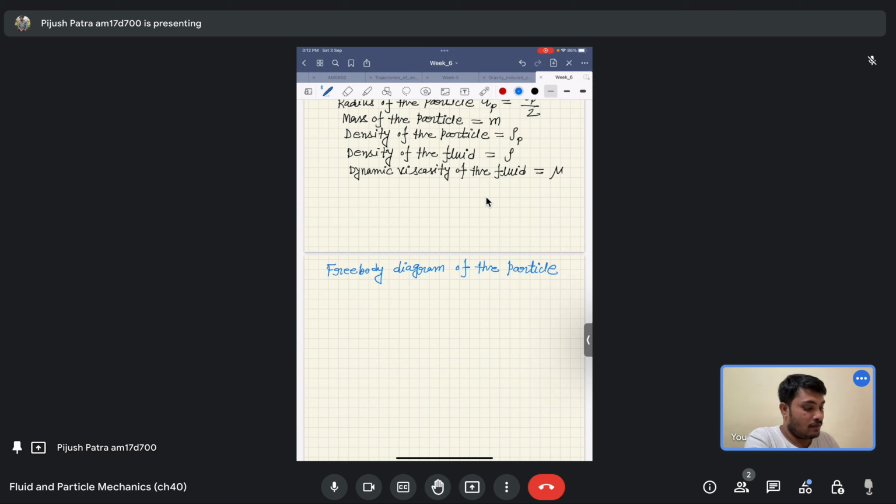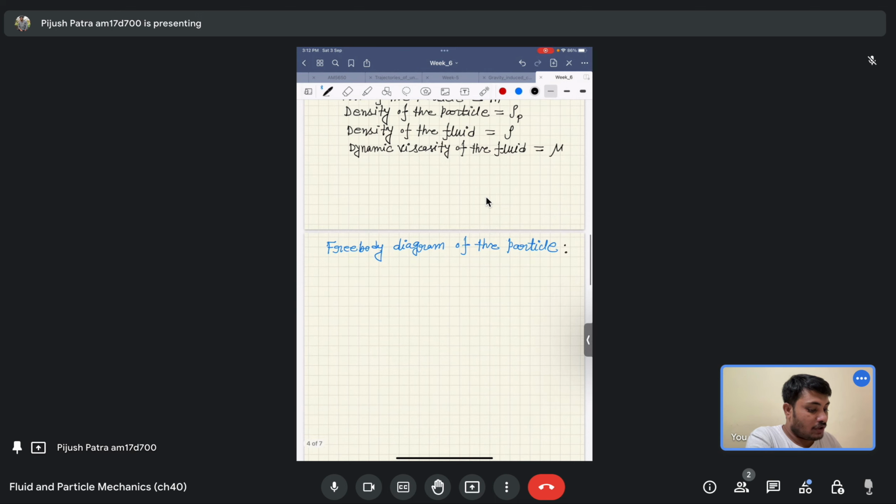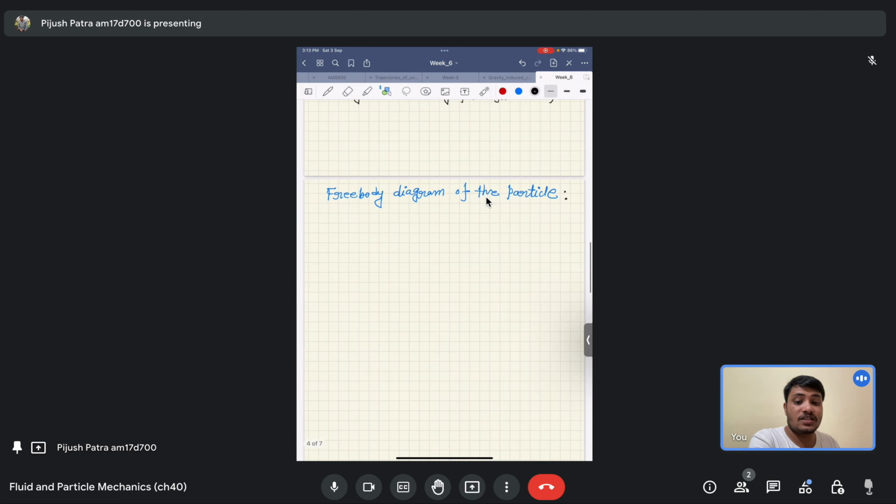So that means I am trying to say what the different forces acting on the particle are. Let me draw it here. So this is my spherical particle. What are the different forces?